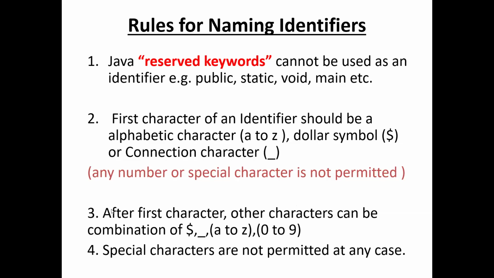The third rule said after the first character, other characters can be a combination of dollar symbol, A to Z, and 0 to 9 numbers.